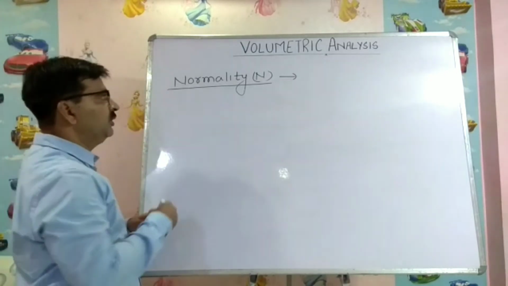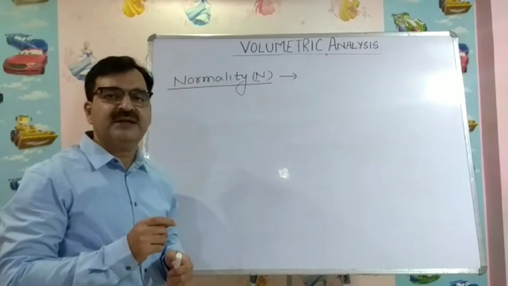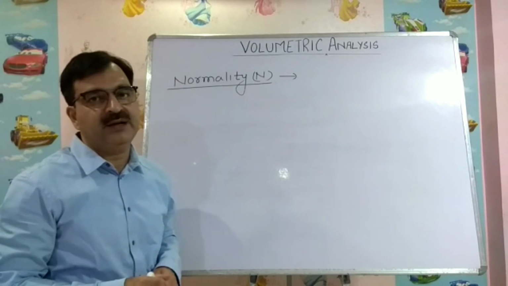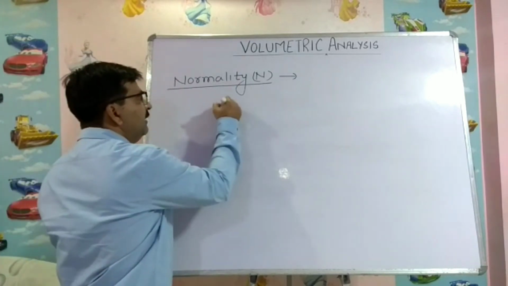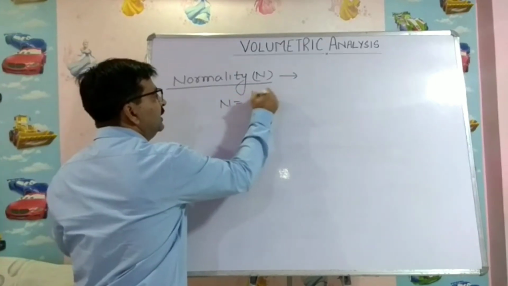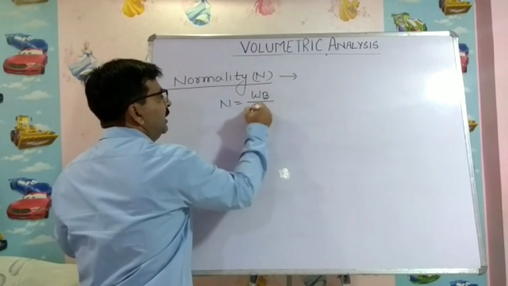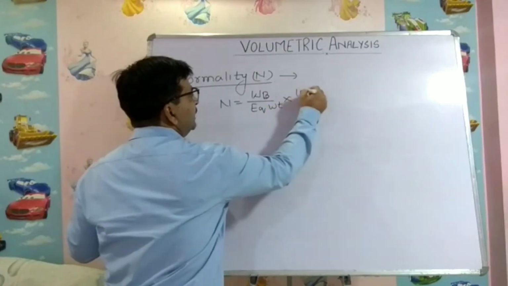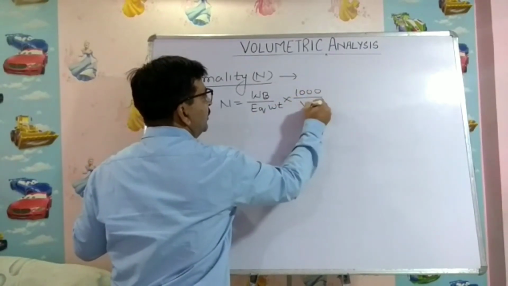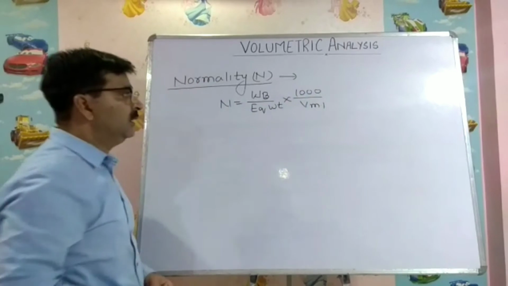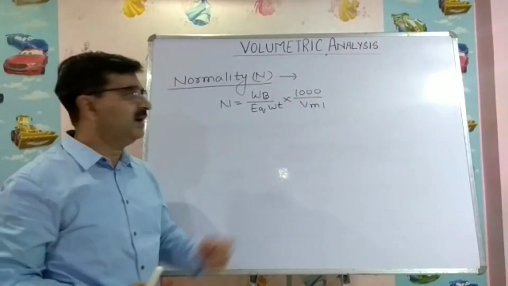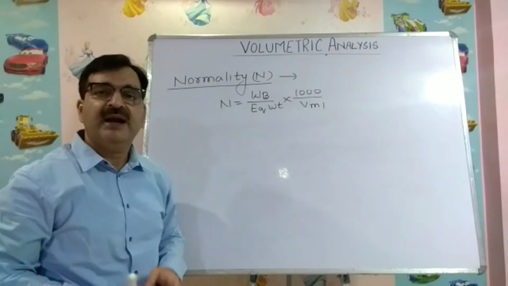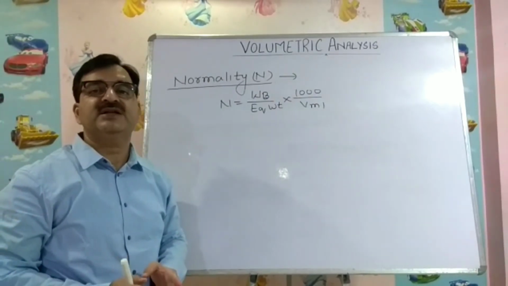So normality of the solution is the number of gram equivalents of solute dissolved per liter of solution. Normality is WB upon equivalent weight into 1000 upon V mL. Now students, just like molarity, normality also depends upon the volume of solution and varies with respect to temperature.